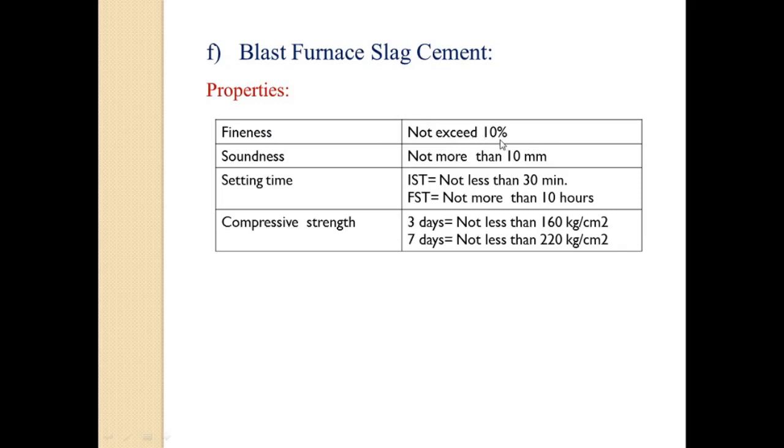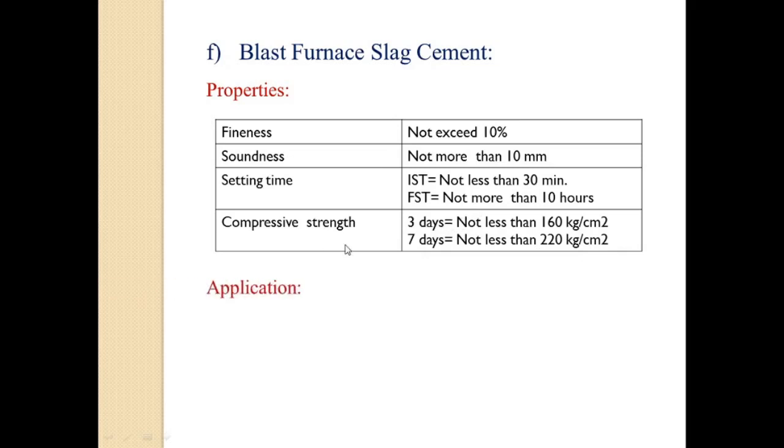The soundness should be not more than 10 mm. Initial setting time should be not less than 30 minutes, and final setting time not more than 10 hours. Compressive strength after 3 days should not be less than 160 kg per centimeter square, and after 7 days should not be less than 220 kg per centimeter square.